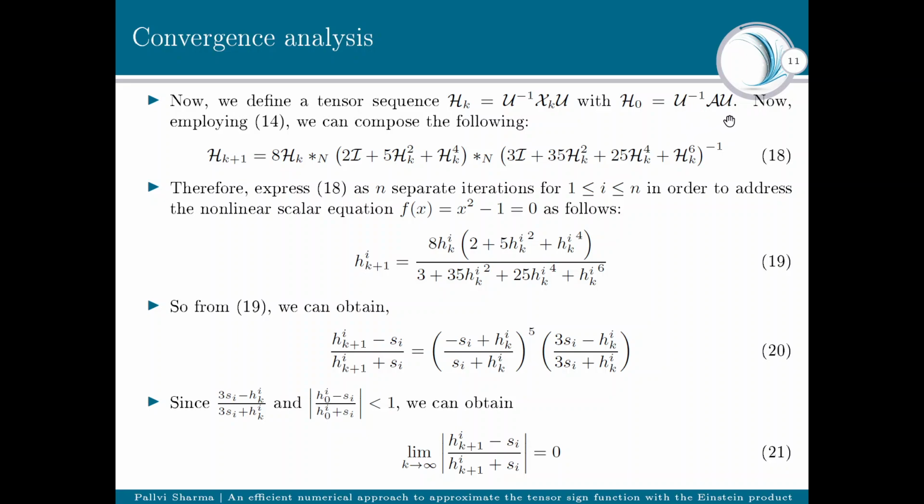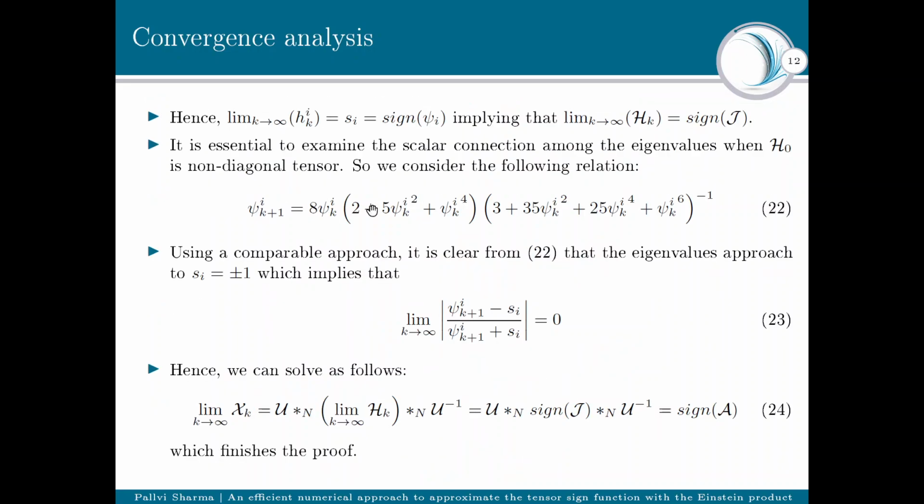Then, using the proposed iteration, we compute H_{k+1} using the iterative method, and then we convert this iteration into scalars so that we can compute this limit, which comes out to be 0.